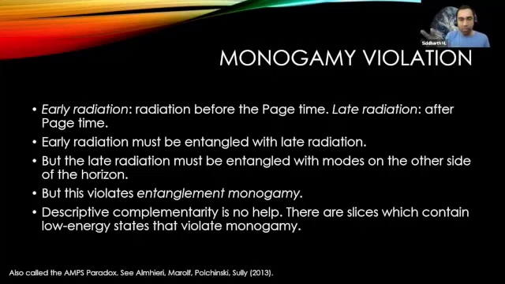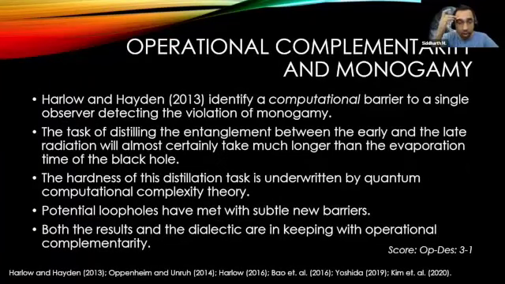Note that descriptive complementarity fails again here, because you can easily imagine a foliation which contains this entanglement monogamy violating state, where you have the late radiation, the early radiation, and modes across the horizon. As it turns out, you can't do an experiment, however, that can detect this violation of monogamy.